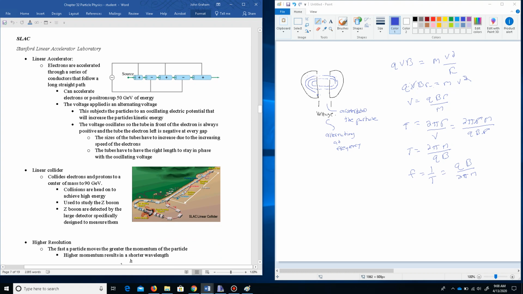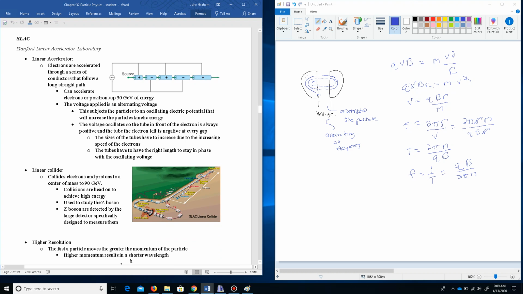When it reaches this gap, you want this side to switch over to be positive, so it accelerates towards it, and then reaches this side and switches over to be positive, and reaches this side and switches over to be positive. So whenever it reaches the end right before the next gap, you want the section of the tube in front of it to be positive, so it accelerates forward.